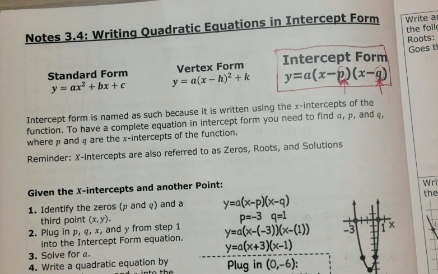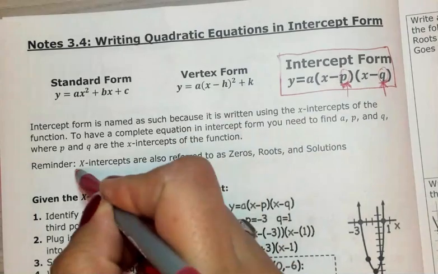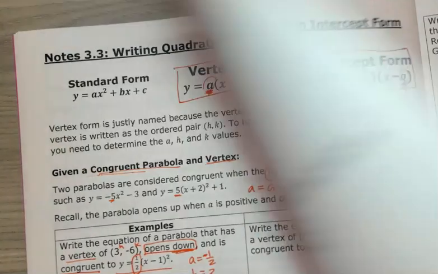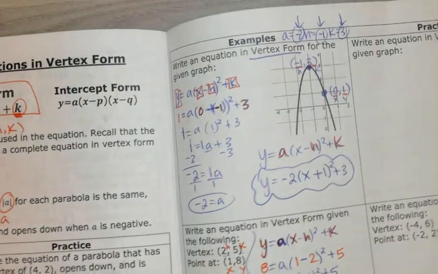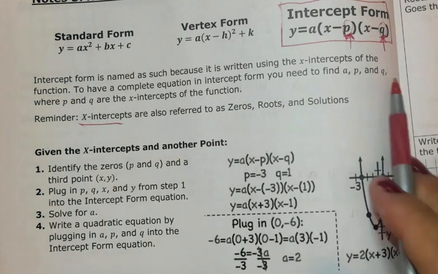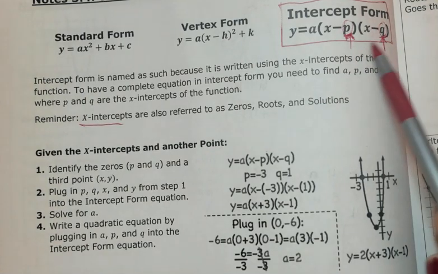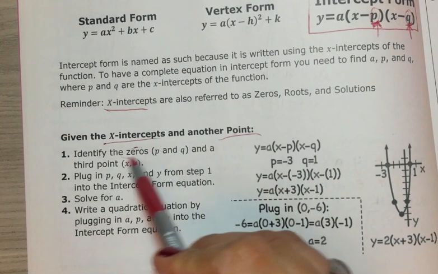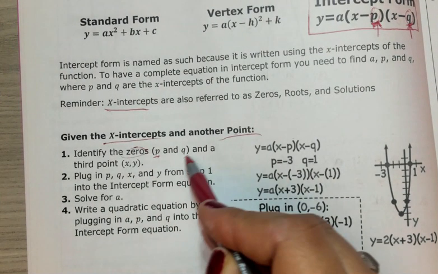What you're going to be given is the x-intercepts and also a point. Similar to what we did previously with examples of given a vertex and a point, we're going to also write equations given x-intercepts and a point. The process is to use the x-intercepts, or the zeros, as p and q.